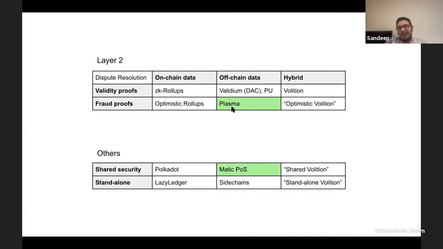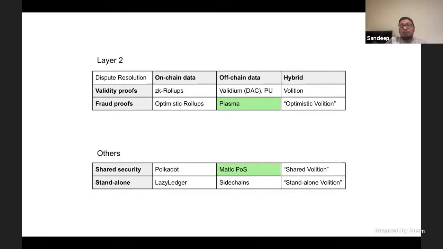We have our Plasma solution, and the proof of stake or the commit chain solution already live. We expect to launch more solutions, like a shared security solution for Ethereum, where the popular example is Polkadot, which is trying to create a shared security layer, a central chain, and around that you will have parachains.